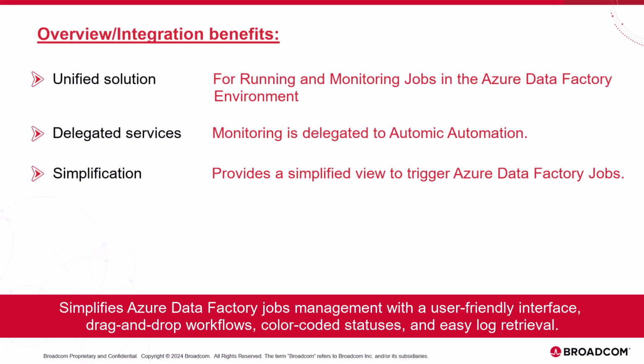Automic Automation lets us build configurations with intuitive interfaces like drag-and-drop workflows and supervised processes in simple dashboard tools designed natively for operations. Statuses are color-coded, and retrieving logs is done with a basic right-click. From an operations perspective, Automic Automation highly simplifies the configuration and orchestration of Azure Data Factory jobs.